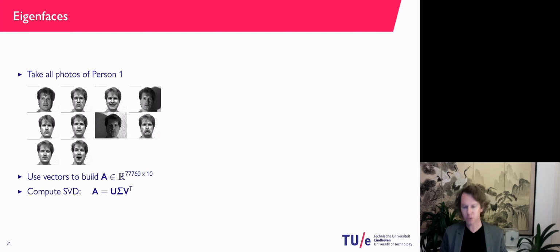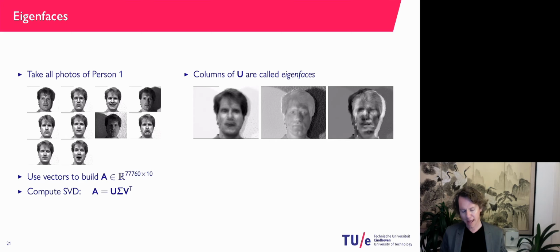The next thing I do is I compute the singular value decomposition using some software package. And now the idea is that if you look at the columns of this U matrix here, that they extract the important information from the matrix. So in this situation, the characteristics of this person's face. And you see that the first column of the U matrix, the first eigenface, looks very, very much like the average.